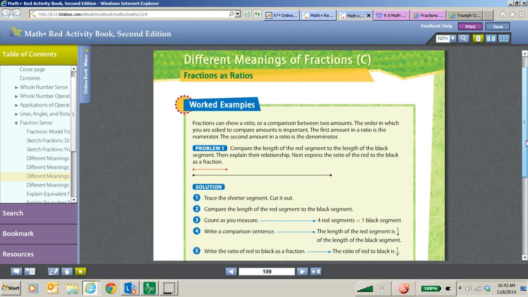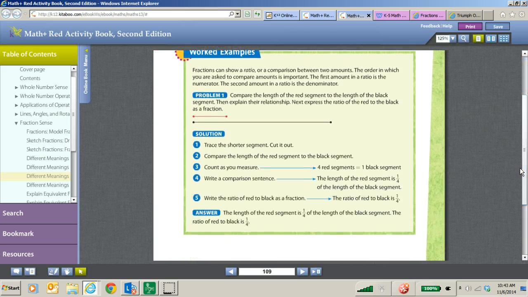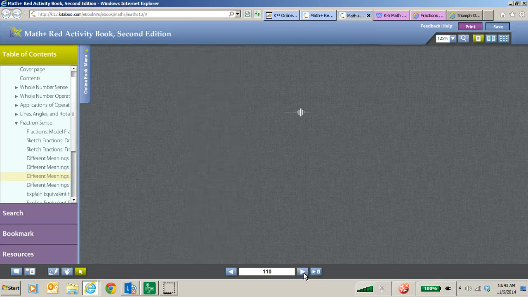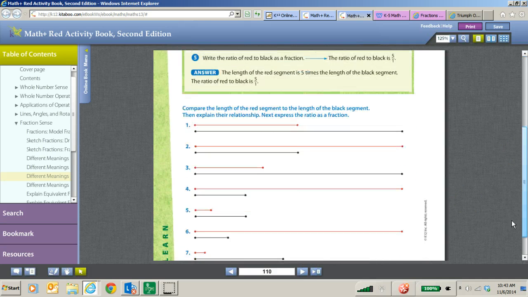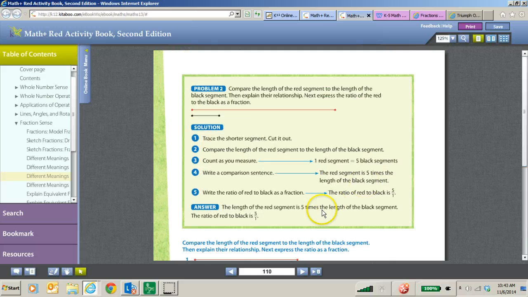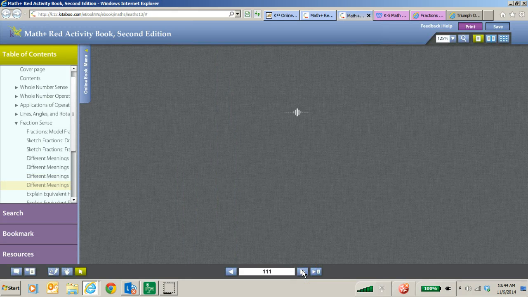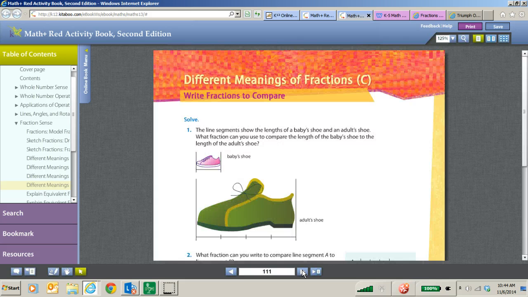This is something about ratio, which is not something that your child is likely to see, but I do think it's great problem solving and discussion to talk about what fraction of this red is the black. There's different shapes, because we definitely want students to understand that, and I'll show you some models a little bit later on with pattern blocks of how something can be a part of something else.